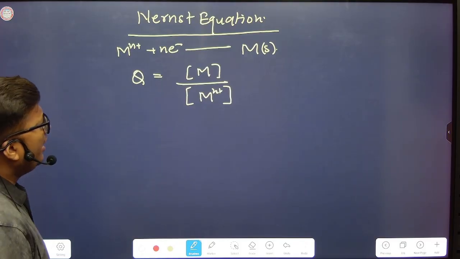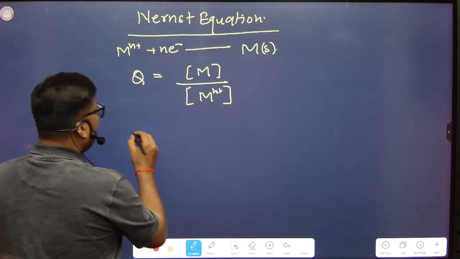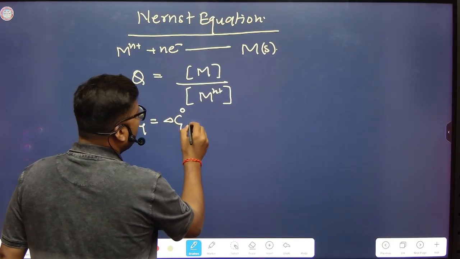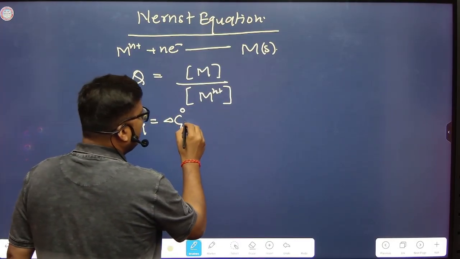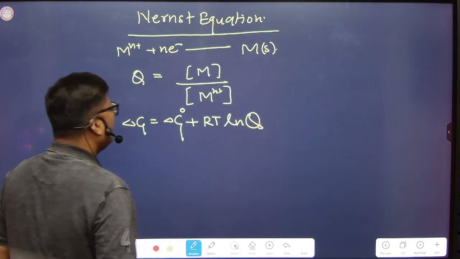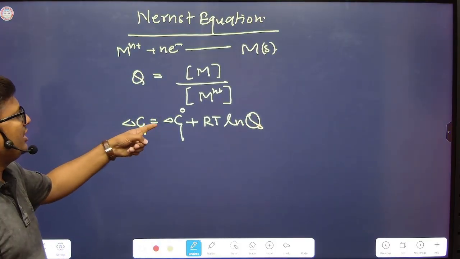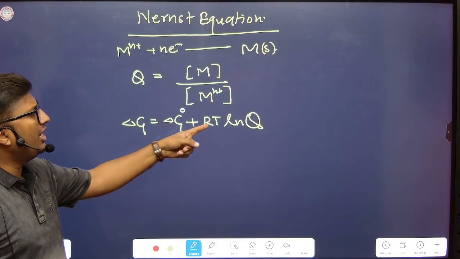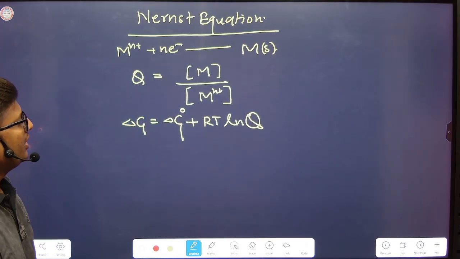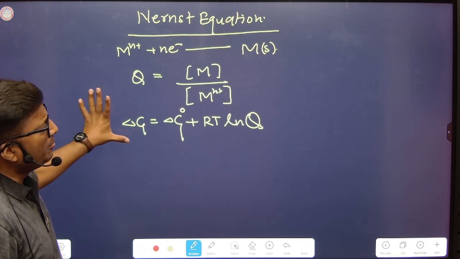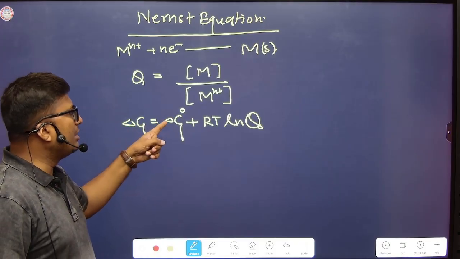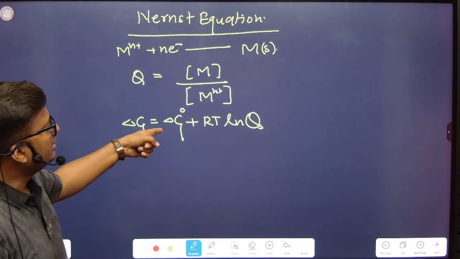And you know that the change in Gibbs free energy is related to the standard Gibbs free energy in such a way with ln Q, right? So delta G is equal to delta G naught plus RT ln Q, where delta G is the change in Gibbs free energy at any temperature, suppose at T temperature, and delta G naught is the change in Gibbs free energy at standard state.